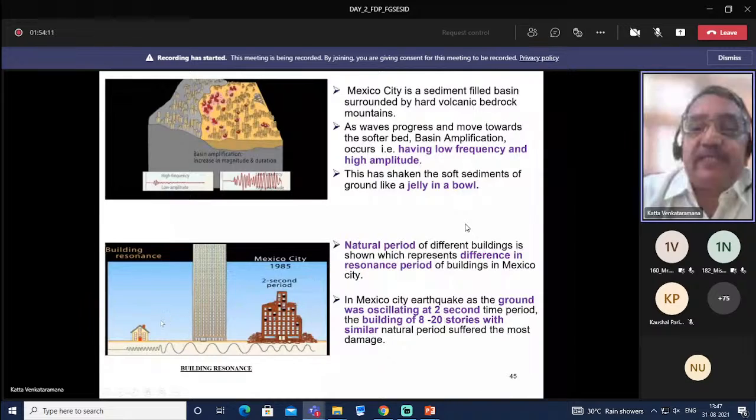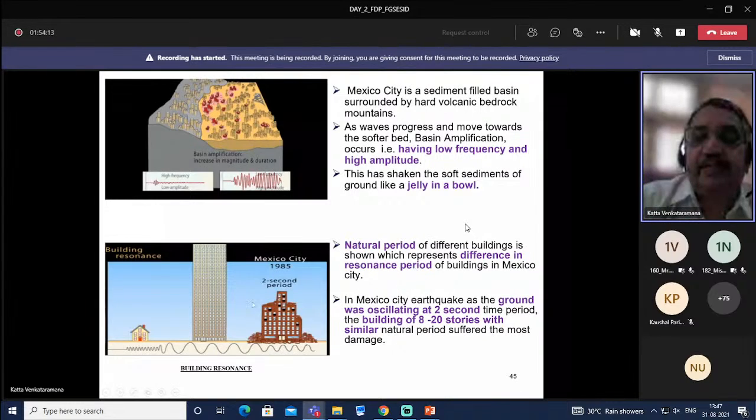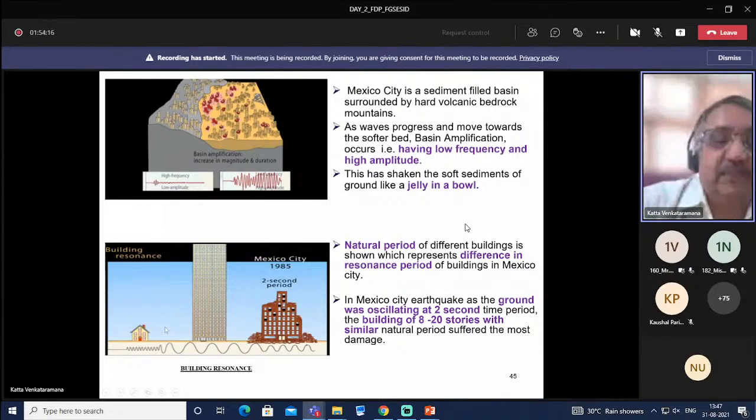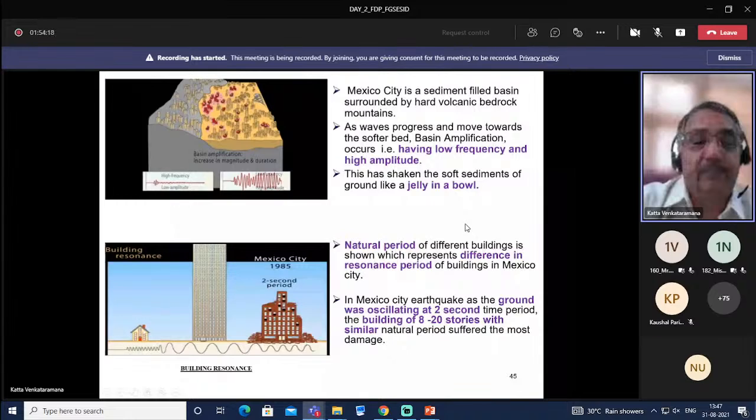The natural periods of different buildings are shown, which represent differences in resonance period of buildings in Mexico City. This is a low-rise building, a high-rise building, and this is a medium-rise, 2 second period.